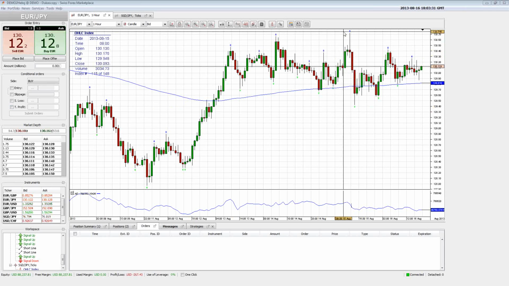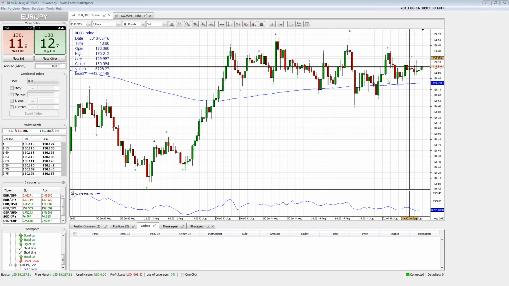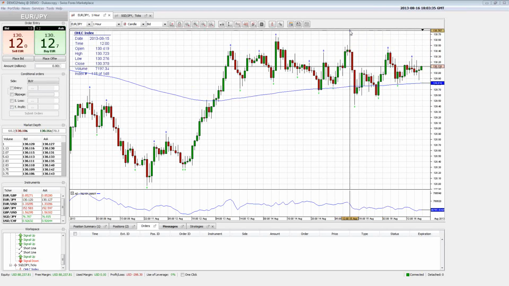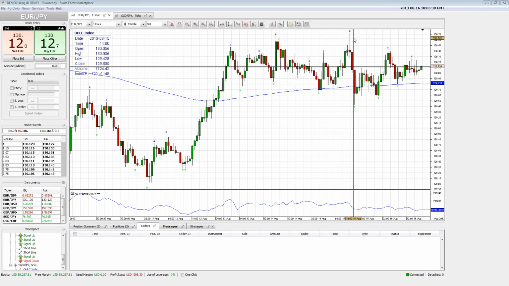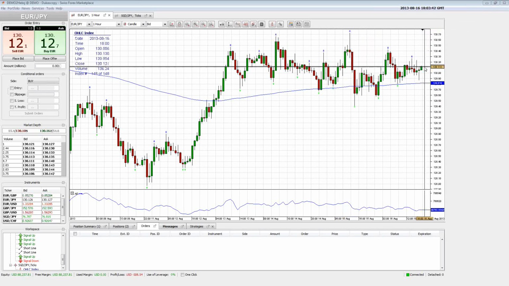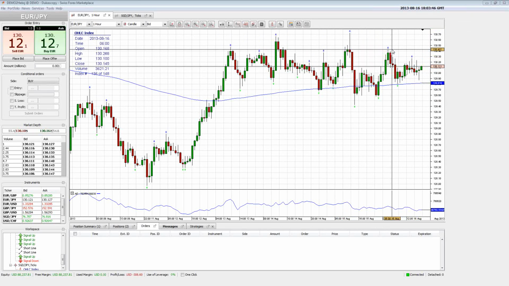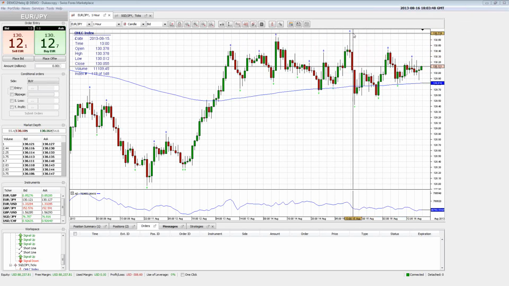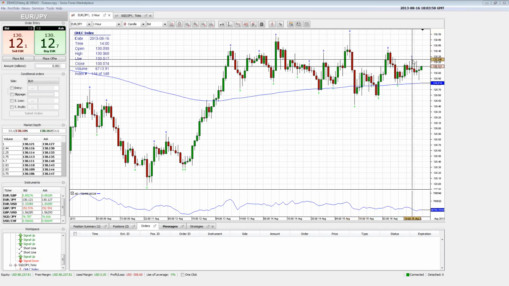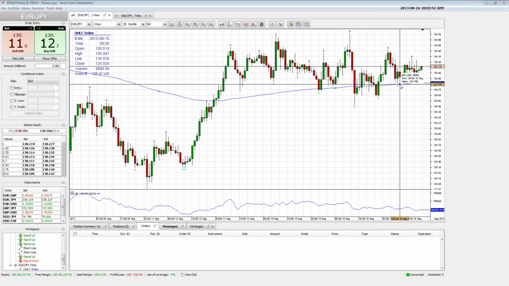I've got this little fractal indicator on here, just so you can see, it's kind of spotting those for you. So you see up here, this is a resistance. Resistance is a level above the current price. Here we are at the current price. Resistance is any one of these swing points. This is what most traders are looking at. Support is the swing prices below the current price.